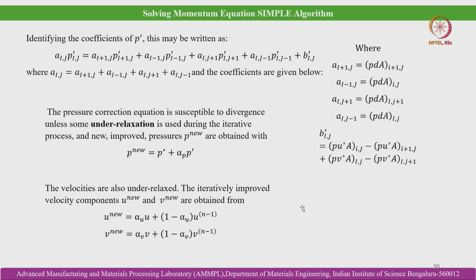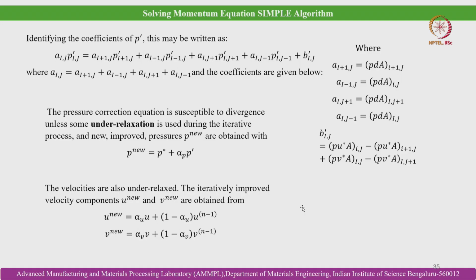Here this term P prime I J plus 1, P prime I minus 1 J and yeah, this I minus 1 term is there and then I J plus 1 term is also there, I J minus 1 is there and then here one term appears to be missing.